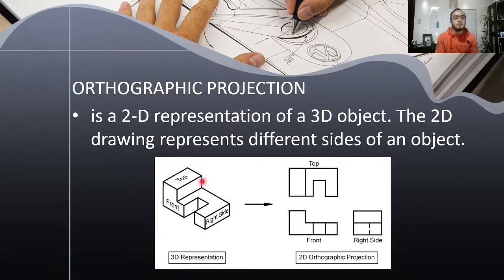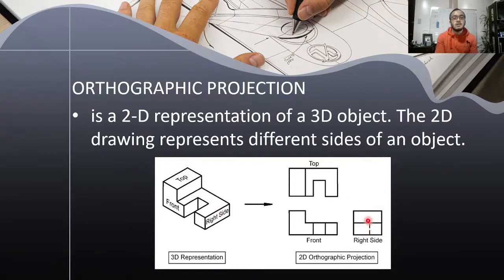And if you would be looking at this certain three-dimensional object right here directly from the top, you would see this right here. So as you can see, there is a rectangle right there and an inverted letter U. So that would be the top view of it. And as for the right side, if you would be standing at this part right here and you would be looking directly at this object right here, you would see the right side of it that would be looking like this.